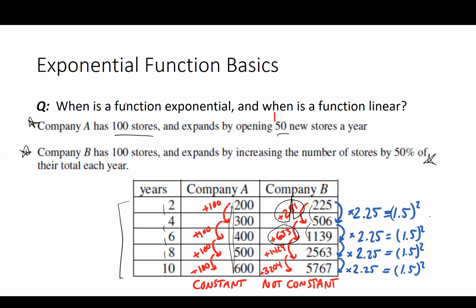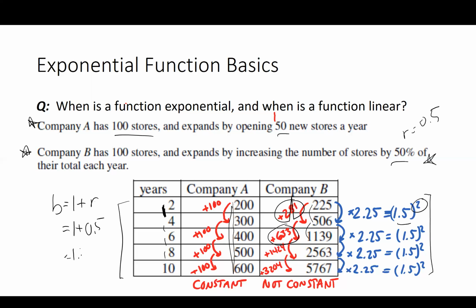Now, what I'm really doing is multiplying by 1.5 twice, which makes sense because there's 2 years for every x value, and I'm supposed to be increasing by a total of 50% every year. So what I could say is my r is 0.5, and my b value is 1 plus r, which is 1 plus 0.5.